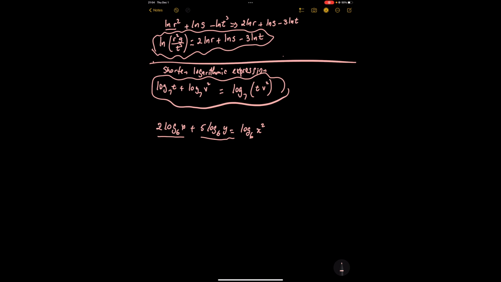The 2 goes over to the x as the exponent, plus log 6 y, and the 5 will go as an exponent on y. And now we have a product rule. So that would be log 6 of x squared y to the 5. And so that is your answer.